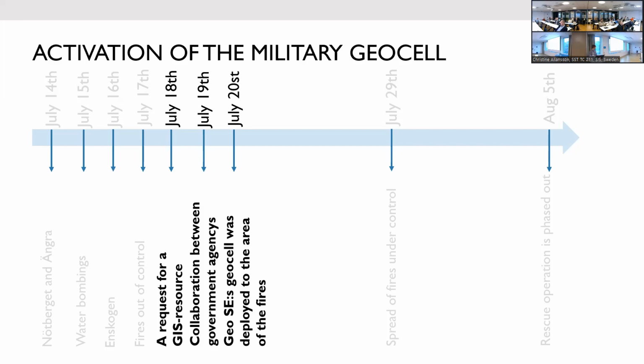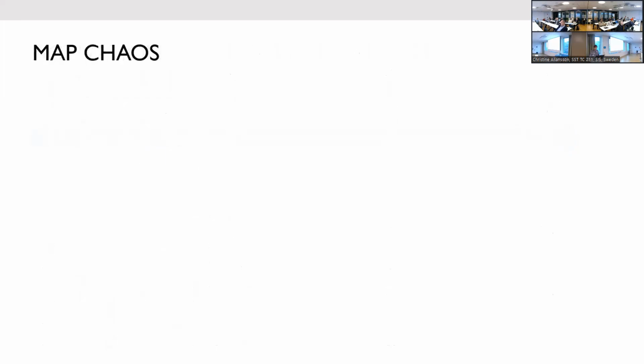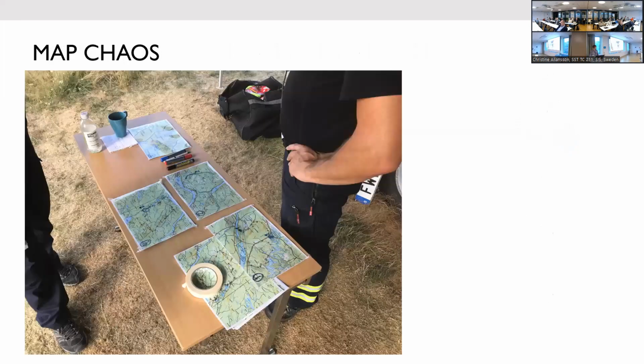And for those 2 weeks, 4 operators were placed in the geocell working day and night to produce maps. And then they could go home. Before the geocell came to help out, this is what the geographic material used in the rescue operation looked like.